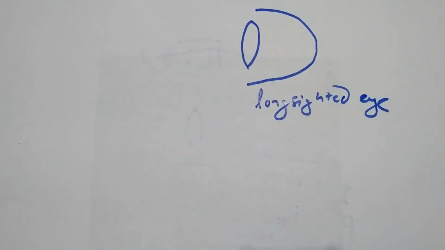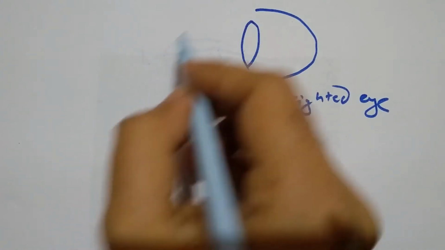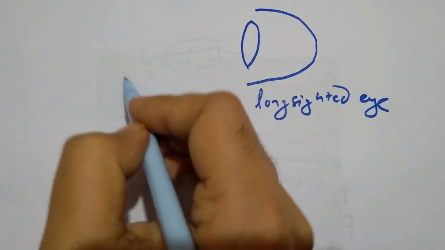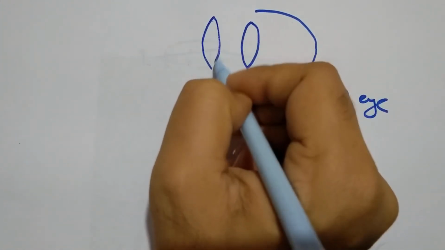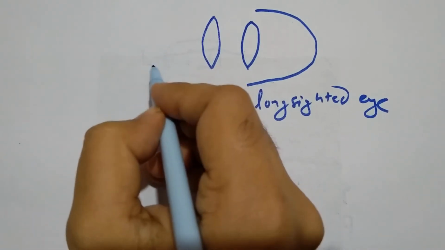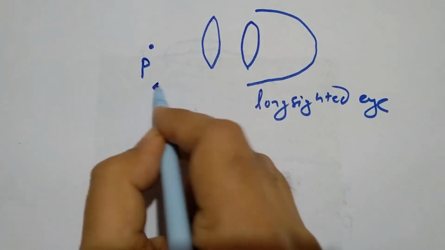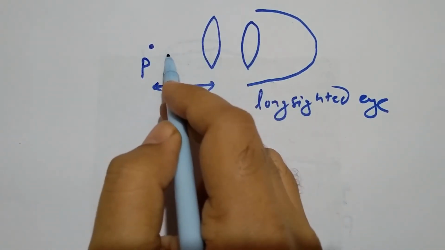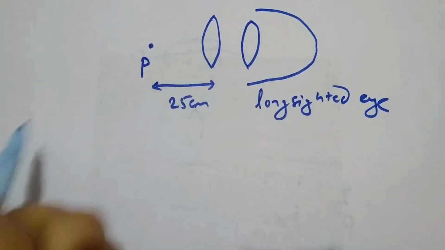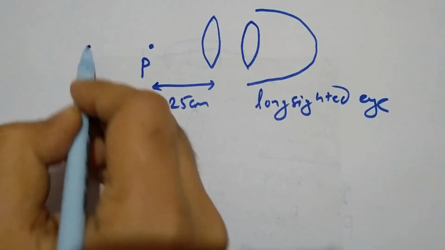We place our object at 25 centimeter. Before we place the object, we wear a convex lens. This is our convex lens. Now we place our object here at point P. This is 25 centimeter away from this eye lens. But for a long-sighted eye, the near point would be here at P bar.